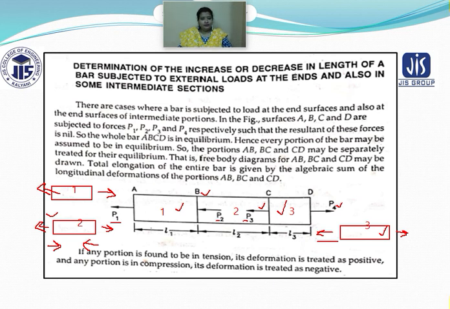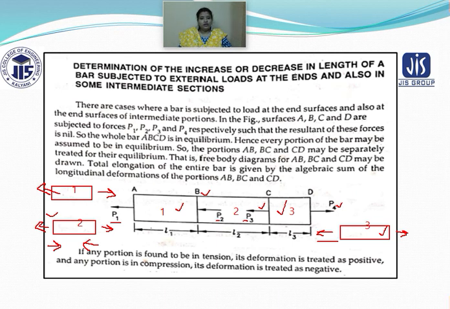Now you have to remember one thing: if the load has a positive value, then the change in length that you calculate will also be positive. But if you are using compressive load, then there is a decrease in elongation, not an increase. If it is a decrease in elongation, then automatically the elongation will be in negative mode.